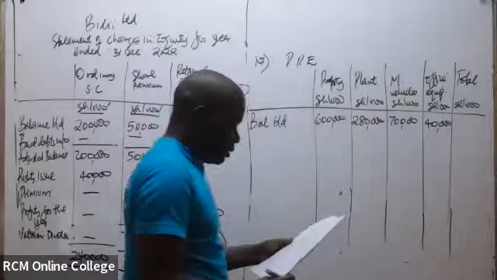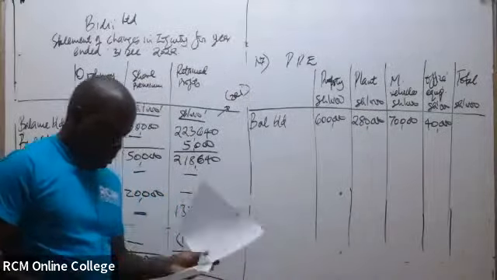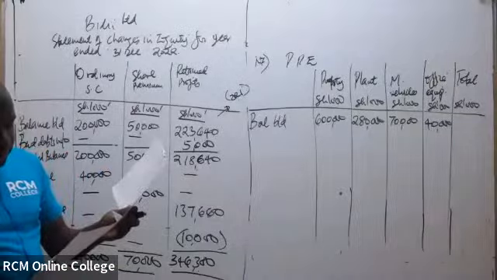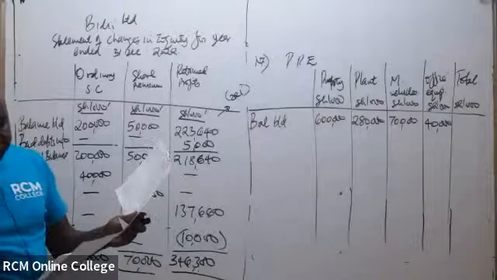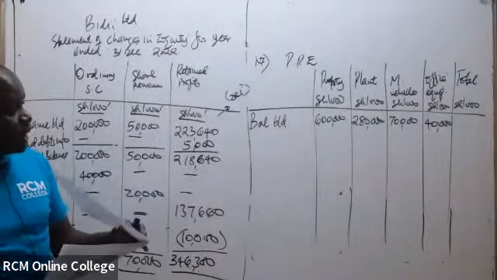So in this case, we must be able to adjust by having to do what? Less the accumulated depreciation.